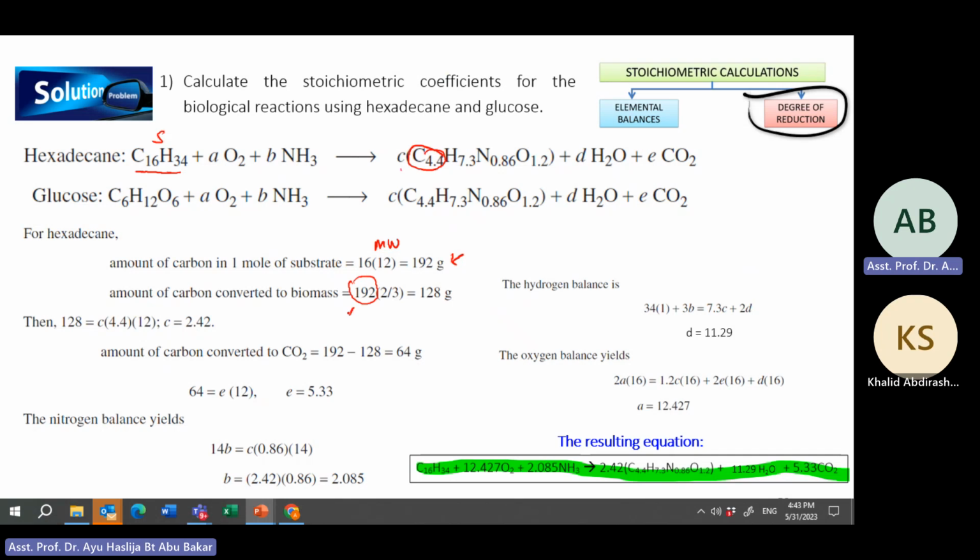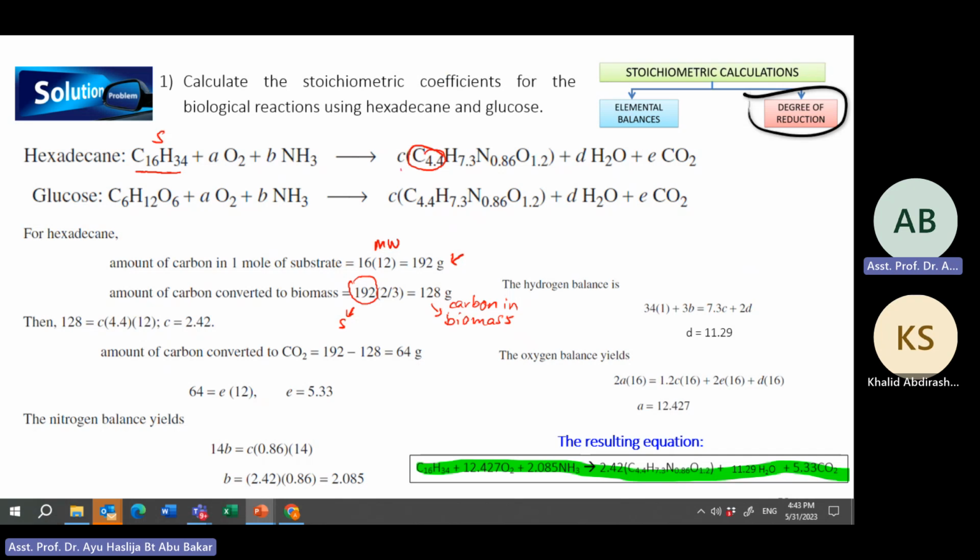This is substrate, multiply by 2/3, so you will get carbon in the biomass. Okay, here we focus on carbon. 2/3 converted into biomass.